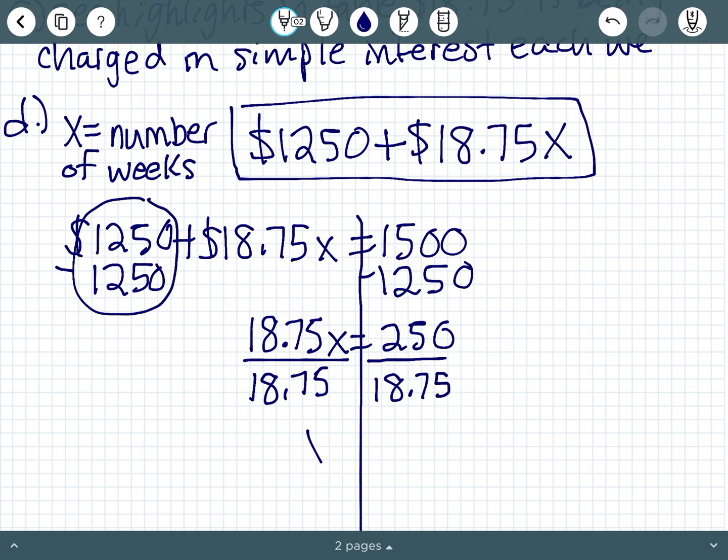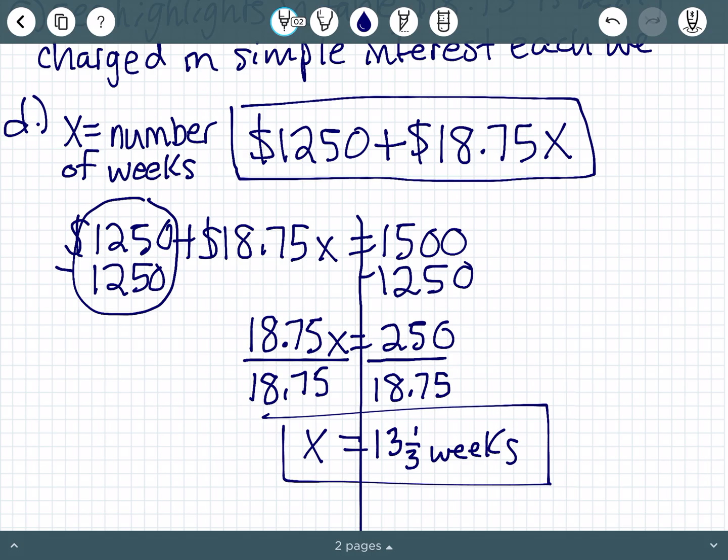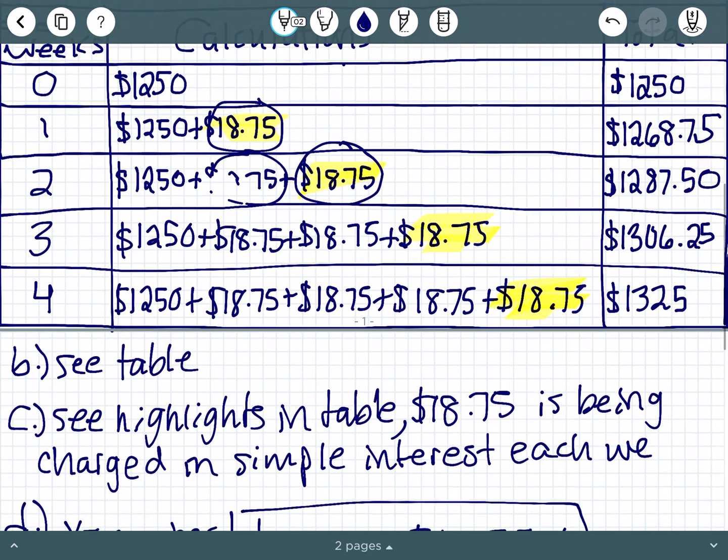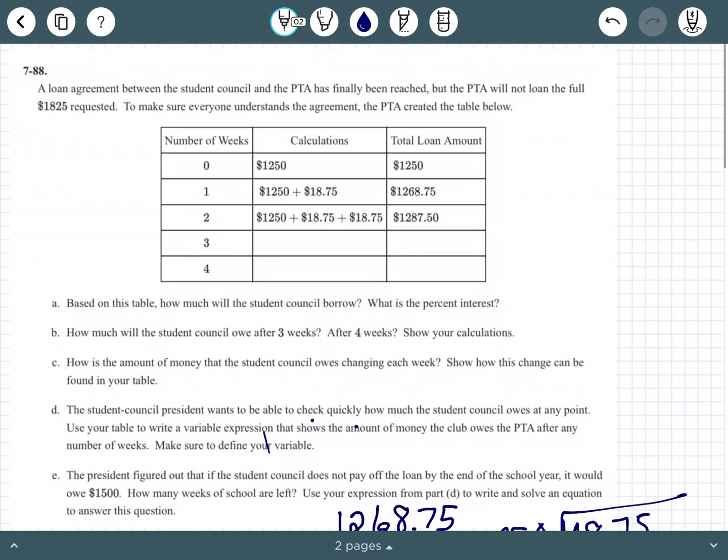All right, so I'm left with x on the left, and then equals 250 divided by $18.75, which is going to give me 13.3 repeating, or 13 1/3 weeks. Okay, and that's all for problem 788.